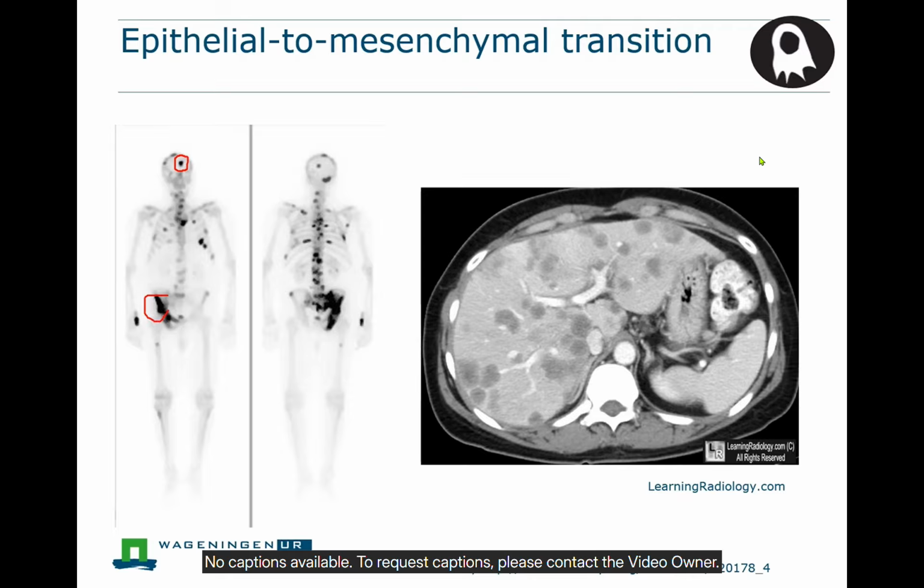The second picture shows a liver of a patient with a colorectal cancer, but the colorectal cancer has now also spread to the liver, which can be seen as these areas which form the metastasis in the liver of this patient.